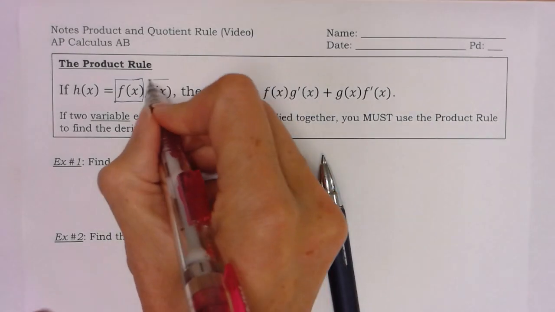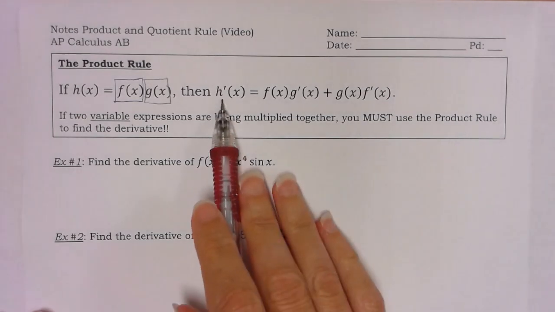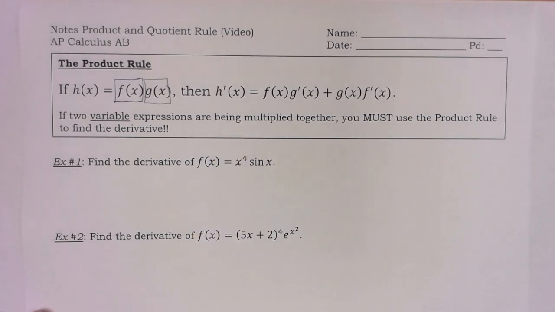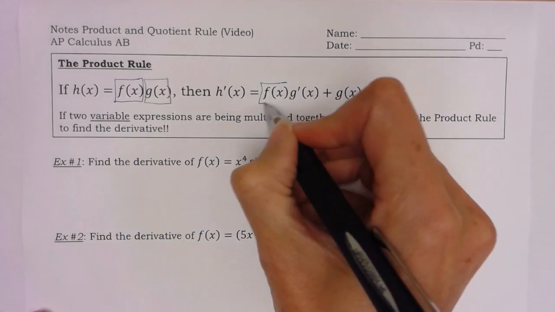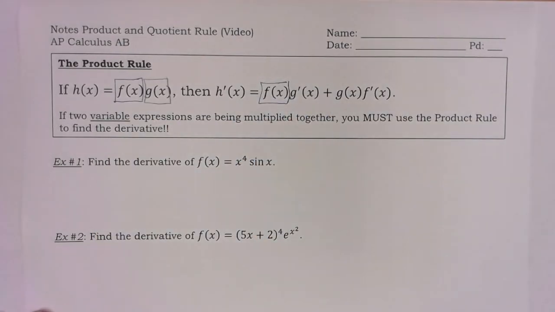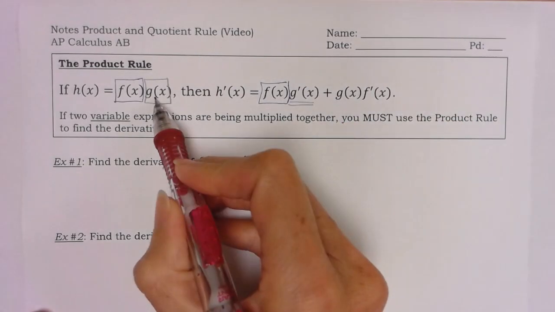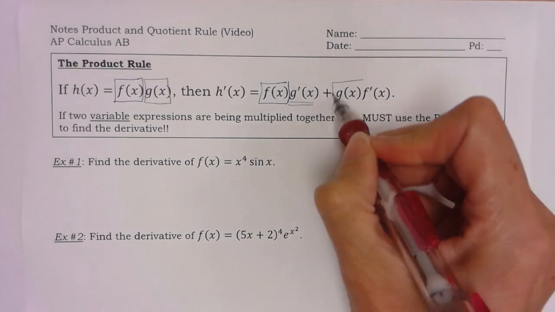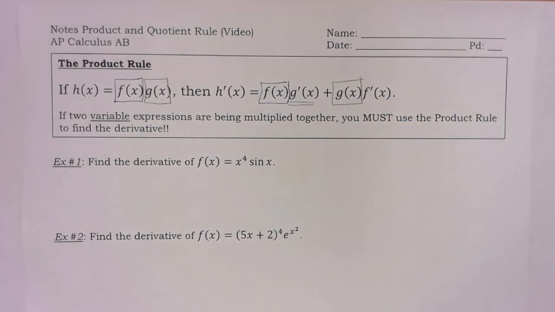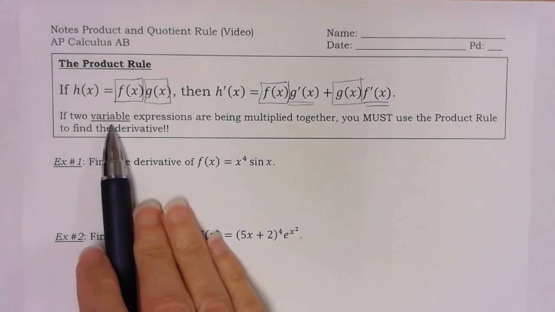Then my derivative, here's my h prime, is going to be the initial function, so f of x, that first function, times the derivative of the second function. Okay, so here's the derivative of this function, and I'm going to add my second function times the derivative of the first function. And again, these are two variable expressions being multiplied together.